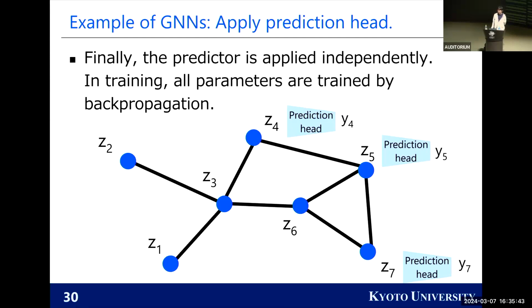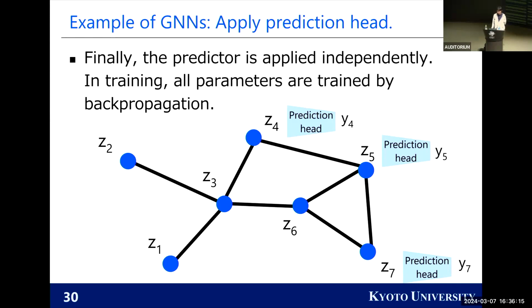In training, we can adopt any kind of loss you want, like cross-entropy loss in classification and squared loss in regression. We can compute the loss function, and the message passing mechanism is differentiable, so we can train the model and all parameters by backpropagation as usual.